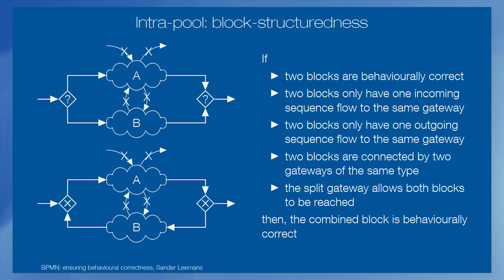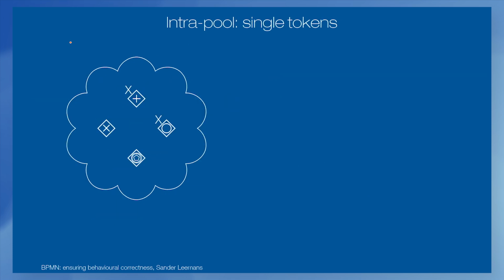So if your whole model is built up in blocks like this, you have proven that your model is behaviorally correct. Another example: if you have a block, shown here as a little cloud, and in that cloud you only have exclusive choice gateways, then your model is also behaviorally correct.